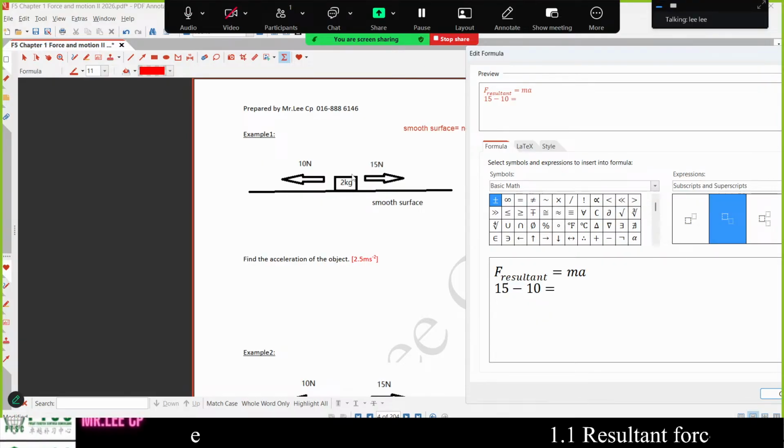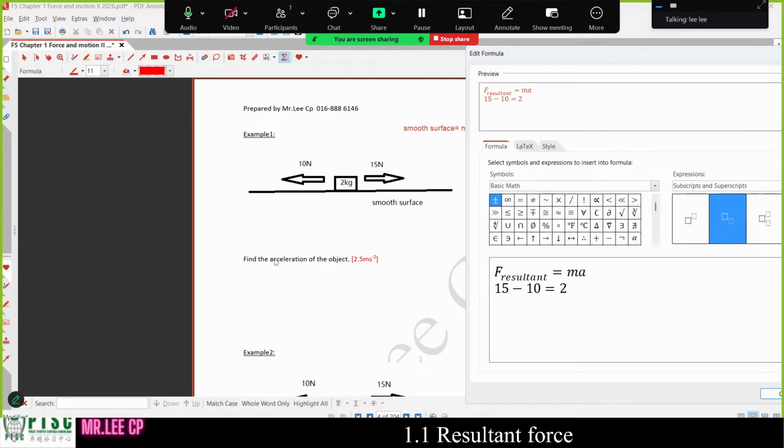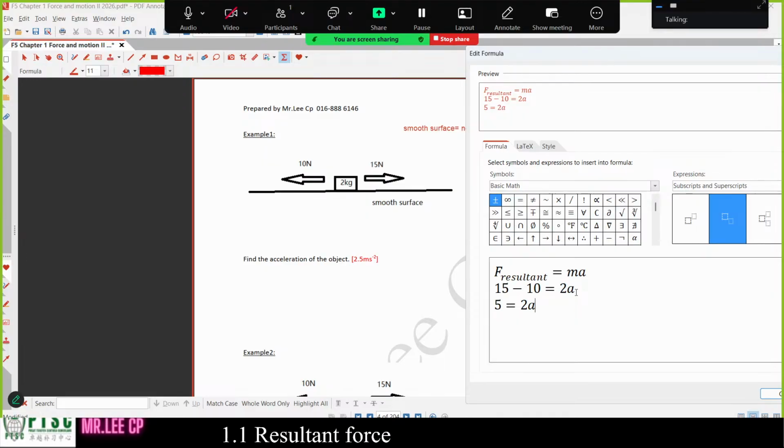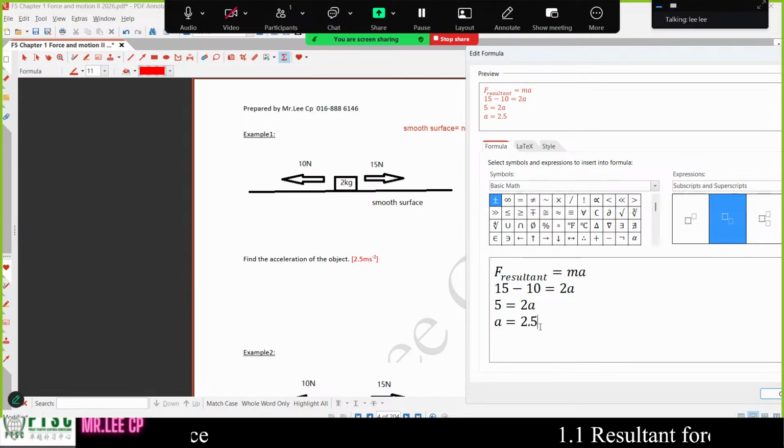Is equal to m. M is the mass of the object in kg. Make sure it is in kg. If it is in gram, change it to kg. So m is 2. Acceleration, I don't know. They ask you to find the acceleration of the object, so a is unknown. 15 minus 10 is 5, equal to 2a. So 5 is equal to 2a, and a is going to be 2.5.